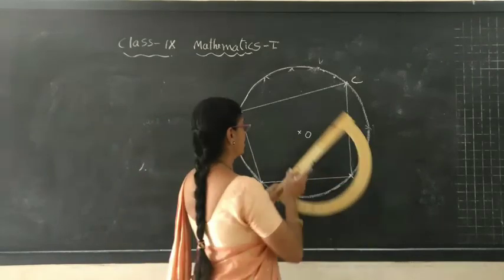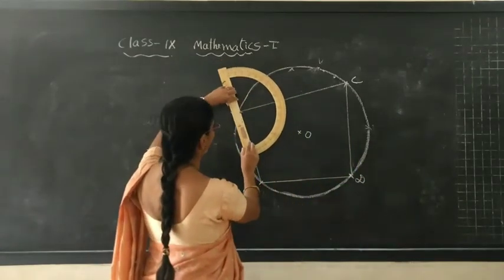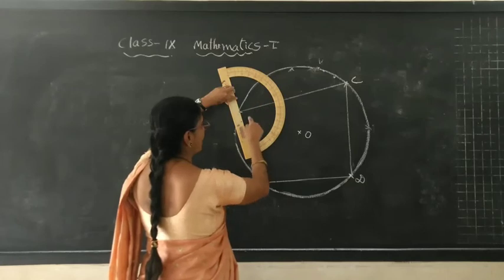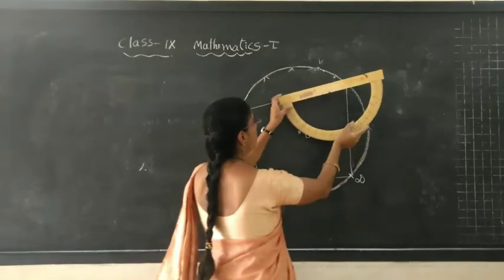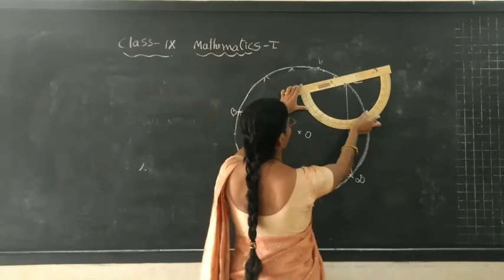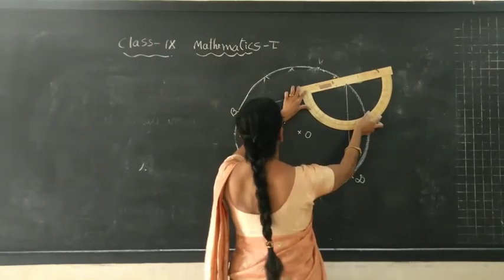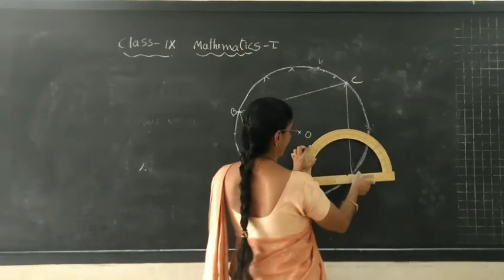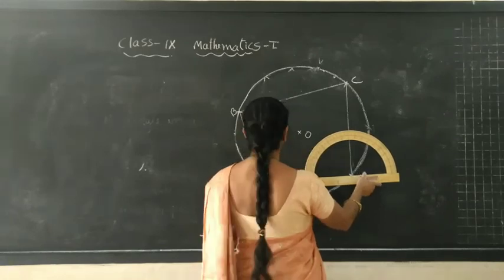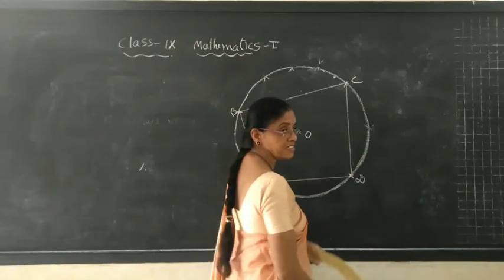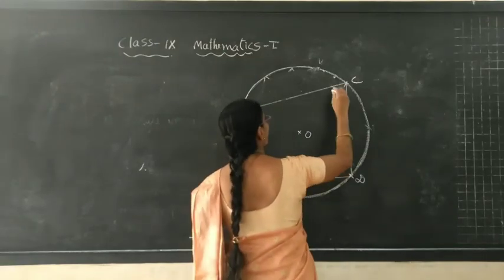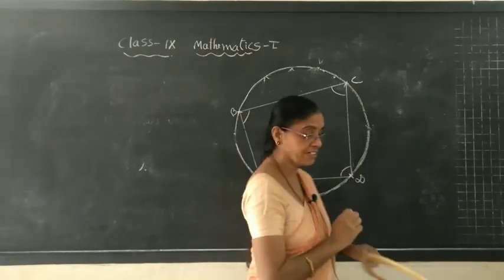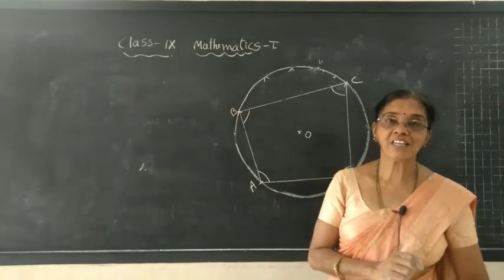Next, keep the protractor at point B, 0, 10, 20 like that, and measure the angle at B. Keep it at C and measure the angle at C, and at last measure the angle at D, keeping it in this manner. So your work is to measure all 4 angles using the protractor, not now, later. We will do it later.